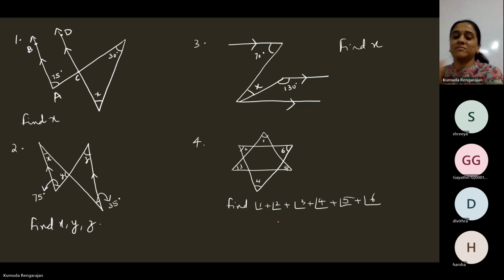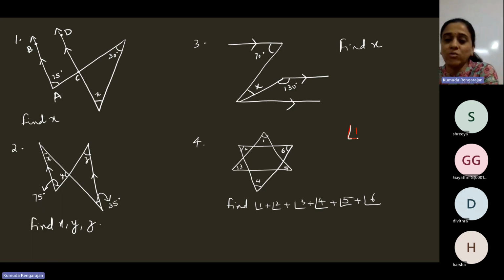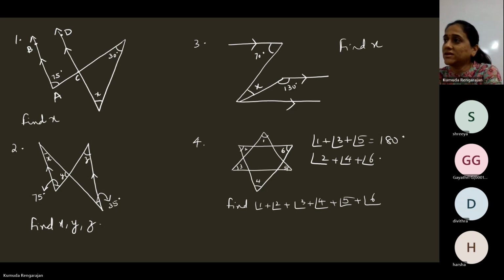Because angle 1 plus angle 3 plus angle 5 is equal to 180, the sum of the angles of a triangle. Then angle 2 plus angle 4 plus angle 6 is equal to 180. Correct? Correct.